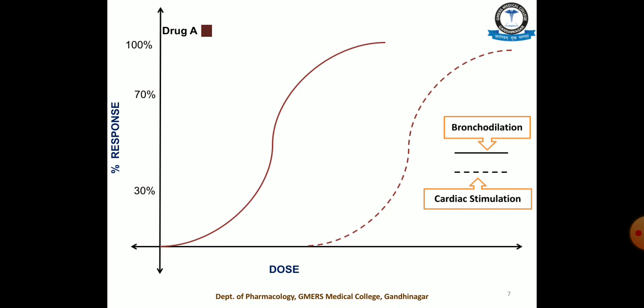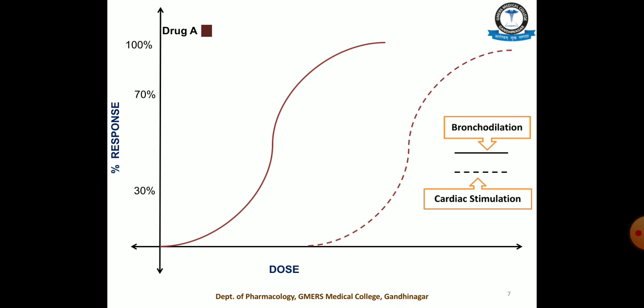So another dose response curve is produced for the adverse effect. So what I want to convey is for a particular drug, the dose response curve for therapeutic effect and adverse effect is different. Now can you interpret this graph?